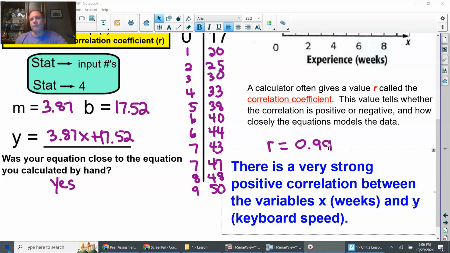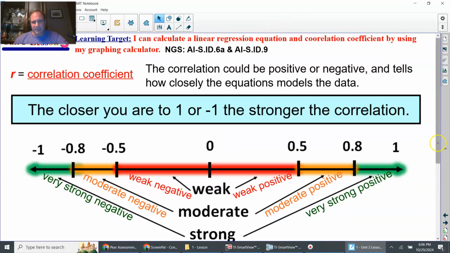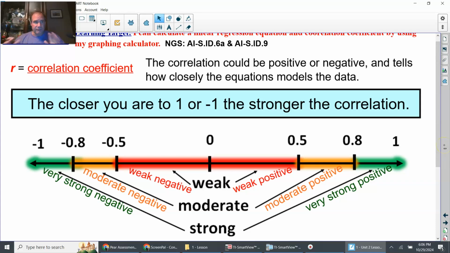So before I talk about that further, I need to show you the next page. The correlation coefficient could be positive or negative and tells how closely the equation models the data. The closer you get to 1 or -1, the stronger the correlation. Notice that a very strong positive is over here. A very strong negative would be from -0.8 to -1.